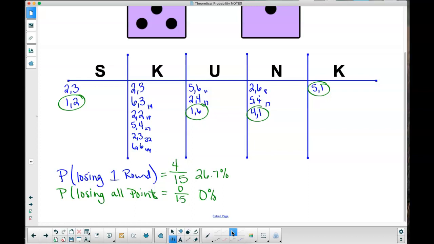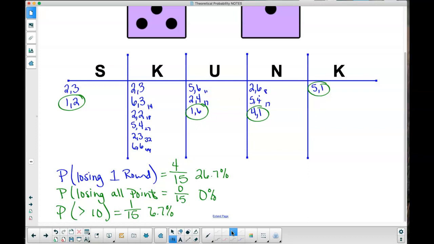So more than 10 points. The 6 and 6, right? And so the probability of greater than 10 only happens 1 out of 15 tries. So 1 divided by 15 is 6.7%. Okay, that's not very good, is it?